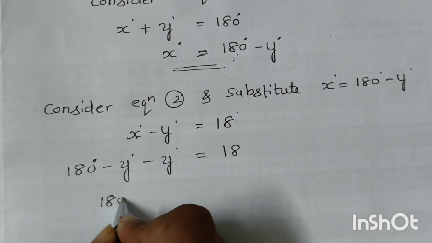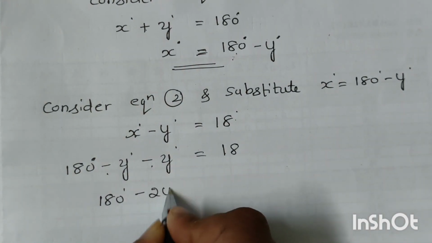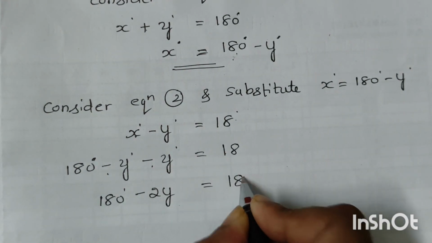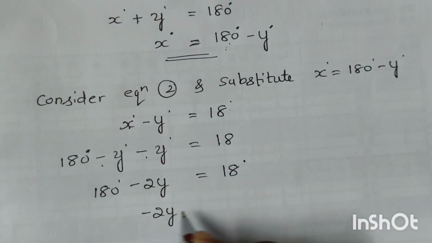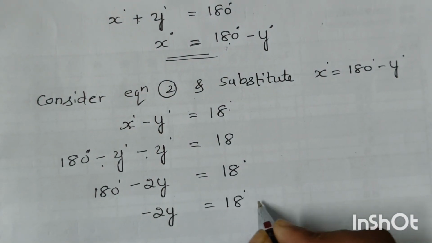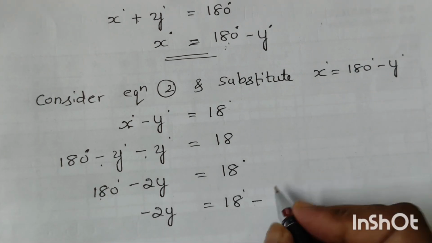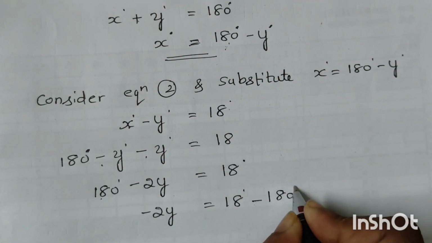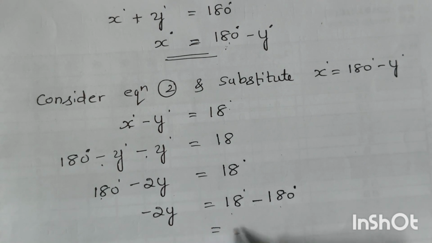180 minus y minus y is how much? Minus 2y is equal to 18 minus 180, because when it crosses the equal to sign, it becomes minus 180. Now 18 minus 180 degree is how much? Minus 162 degree.